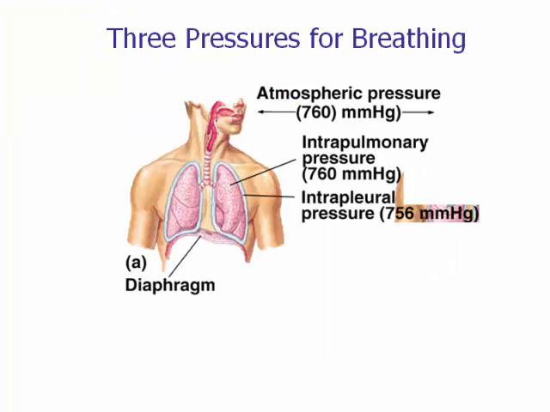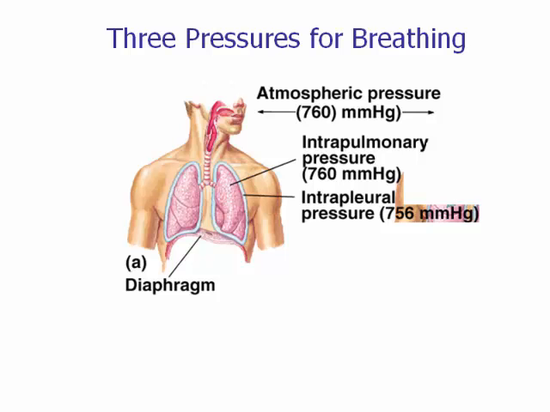You already know that. So the three pressures used for breathing are atmospheric pressure. So around us, the pressure is 760 millimeters of mercury. The intrapulmonary pressure. Intra means inside. Pulmonary means lung. So inside the lung is the intrapulmonary pressure.